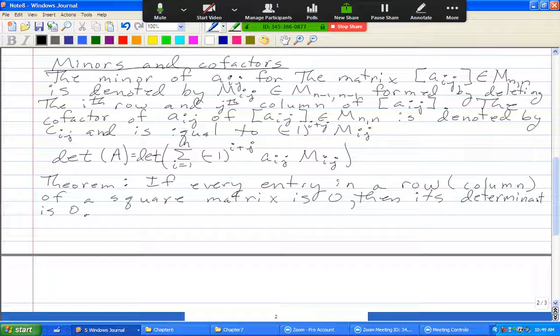So if you happen to have a row or column of all zeros, then you know that the value of its determinant is 0.